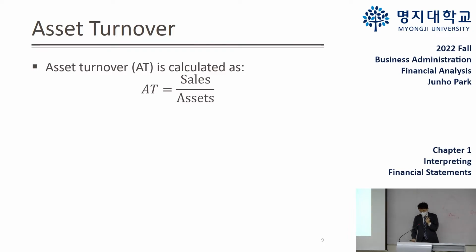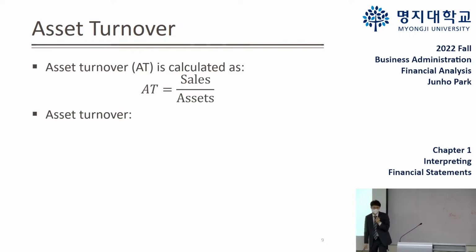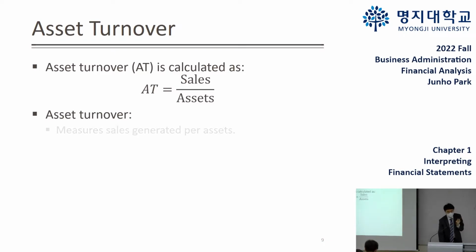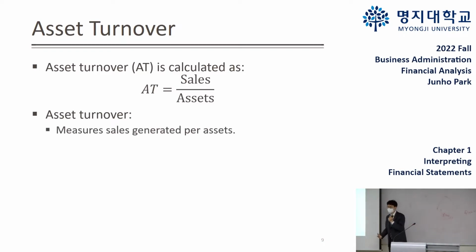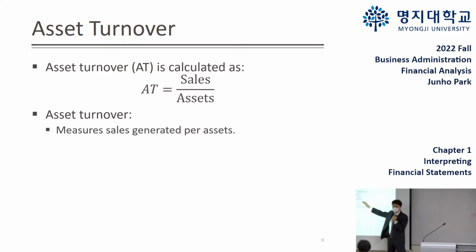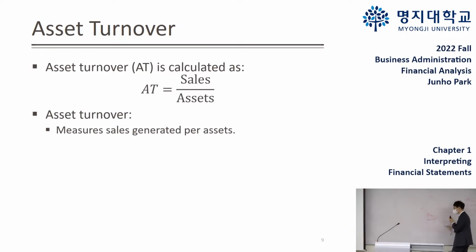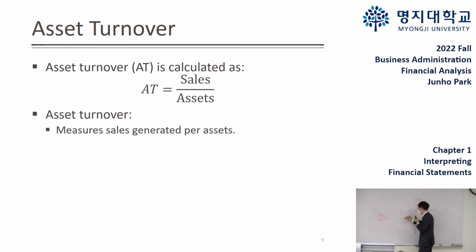Okay, and for a larger company, asset turnover means whether you are very successful in generating sales from the assets. So for example, for my little shop, I have 1,000 over 100, which is 10 times.